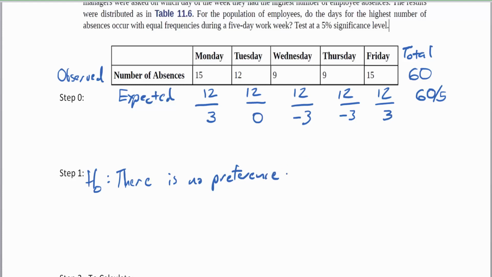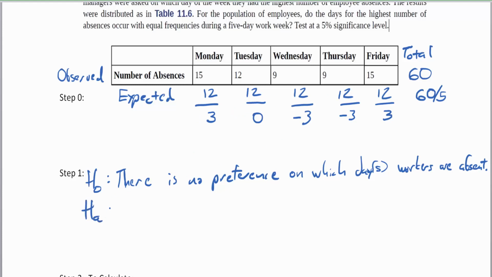No preference on which day, and I'll put S in parentheses so you can say either day or days, which days workers are absent. So the null hypothesis is going for what was expected, that we can't really plan for it. It's going to be equally distributed.